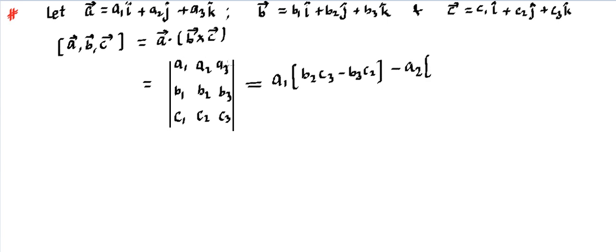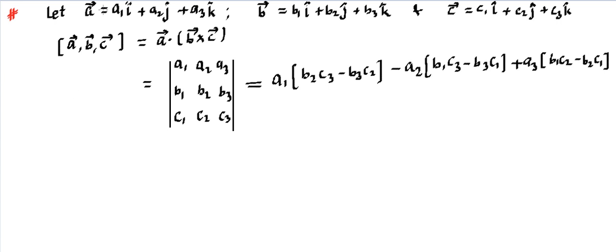So the row and the column will not be counted, so it will be b1 c3 minus b3 c1, and finally we'll be writing for a3. So it's going to be a3, and the corresponding row and column will not be considered, so it will come out as b1 c2 minus b2 c1. You can check from this.